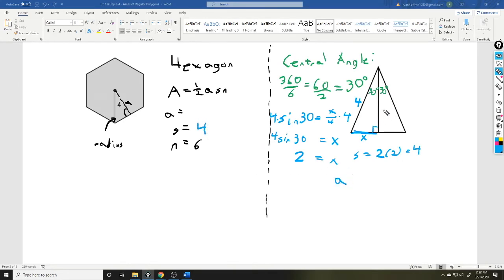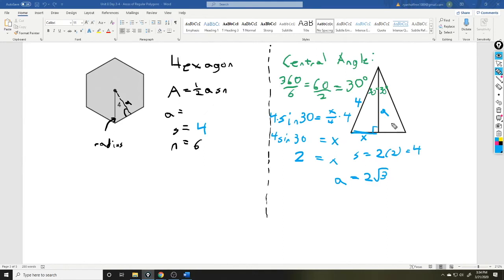And the apothem, well, you would use cosine to do this if you didn't know your 30, 60, 90 triangle. Either way, you should get 2 square root of 3. If you did solve with trig, the decimal for 2 square root of 3 is about 3.4641. So that's the decimal you should be getting if you did it with trig.